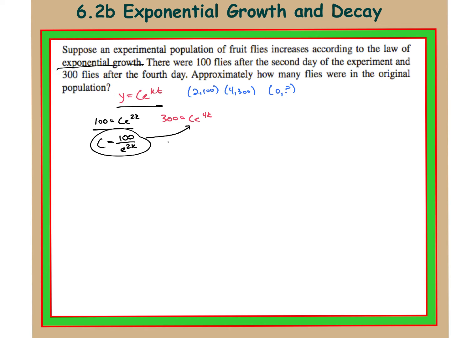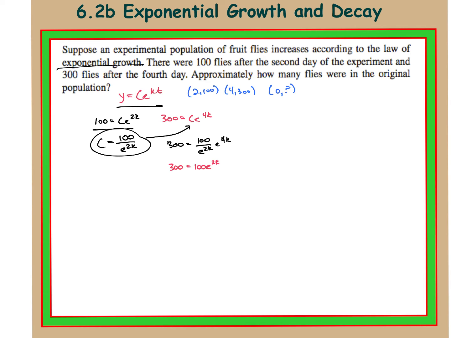So now we have 300 is equal to 100 over e to the 2k times e to the 4k. What do we do when we have e to the 4k over e to the 2k? We subtract those exponents. So now we end up with 300 is equal to 100 e to the 2k.